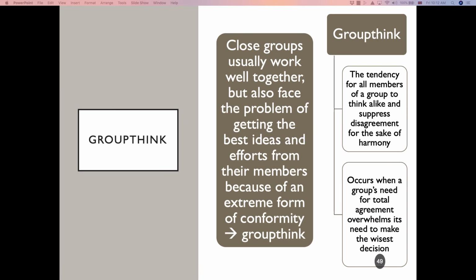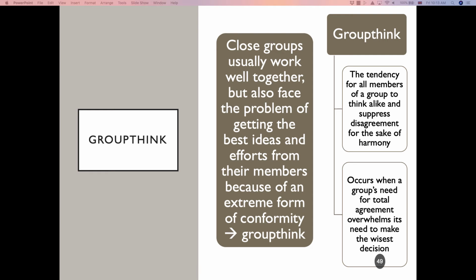Okay, group dynamics. Why we conform, why we comply, and why we obey. We can call it groupthink. The way in which we work together, we face problems together, and it's all about being part of that group and the way in which you conform to the view of the majority.